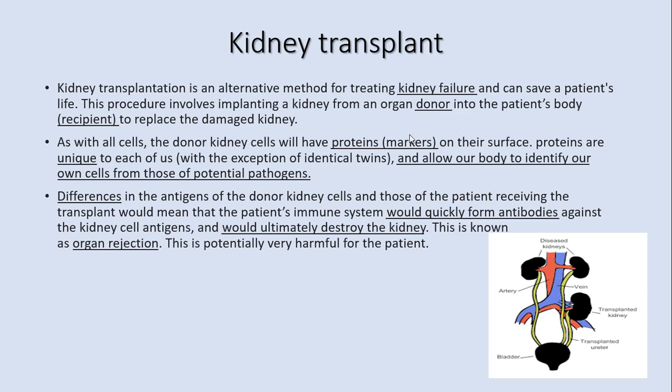The cells of your body have specific proteins or markers on the surface of the cell that recognize your cells from others. That's why in order to reduce the rejection of the body against the transplanted kidney, we look for compatible tissues.